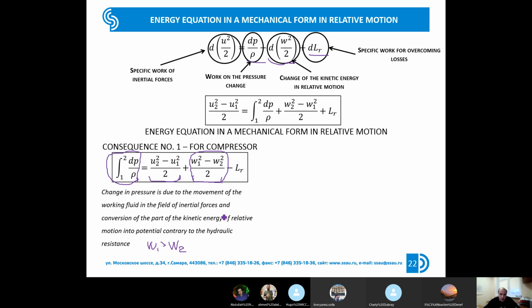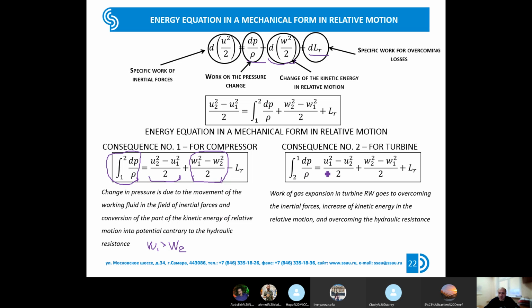Okay, let's apply this equation to the turbine, and finally in the turbine we receive the same equation. This equation says to us that the work of the gas expansion in the turbine goes to overcoming inertia forces and increasing kinetic energy in the relative motion and overcoming hydraulic resistance.